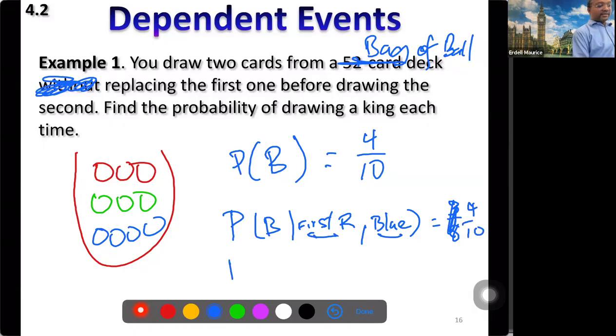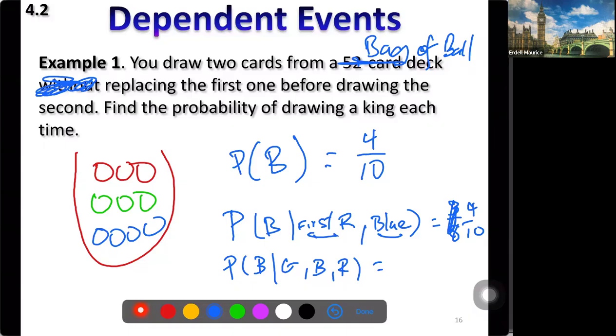What's the probability of selecting a blue ball if the first pull was green, then the next pull was blue, and the next pull was red? It's still going to be 4 out of 10, because there are always 10 balls in the bag. I'm putting it back in, so there are always 10 balls in there. And so the chance of me getting a blue ball is going to be 4 out of 10.